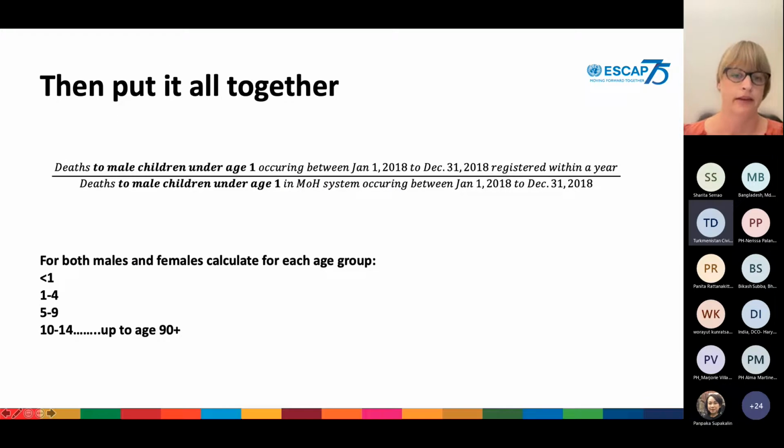And then let's put it all together. We will look at deaths in male children under age 1, again, occurring between January 1st and December 31st in 2018, divided by our recorded deaths in the Ministry of Health system to male children under age 1. And so we would do this for each age group by sex.